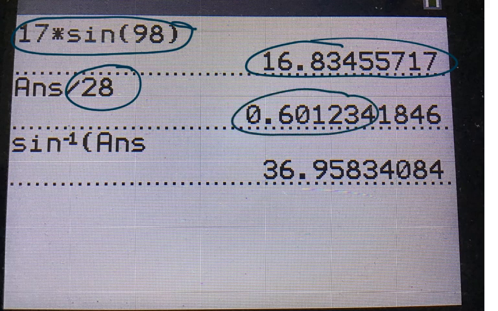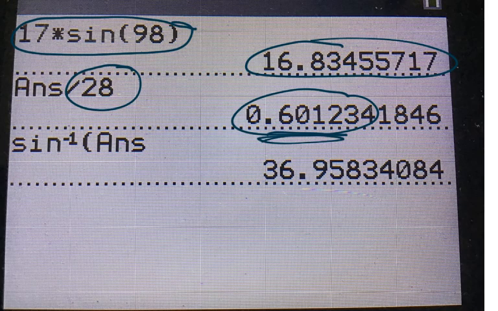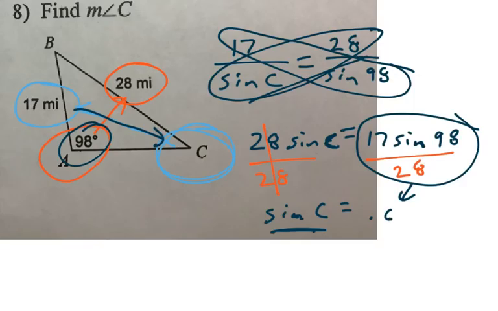0.601234. Now again, in your calculator, don't delete or change it right now. Okay? If you did everything I did, you have your 0.601234 in there. Leave it there for now, because sine of C equals that 0.601234.